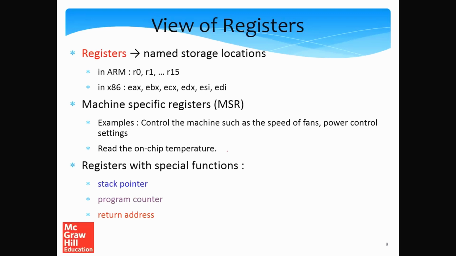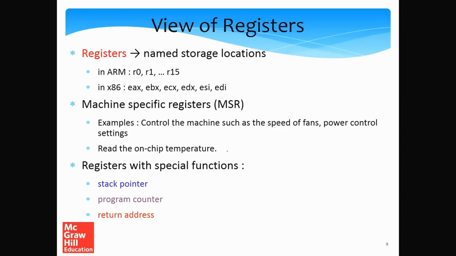Additionally, there are machine specific registers which allow you very fine-grained and internal access to changing things such as the speed of fans, the power, and temperature control settings. These are called machine specific registers, which are specific to the processor, not necessarily specific to the processor family.